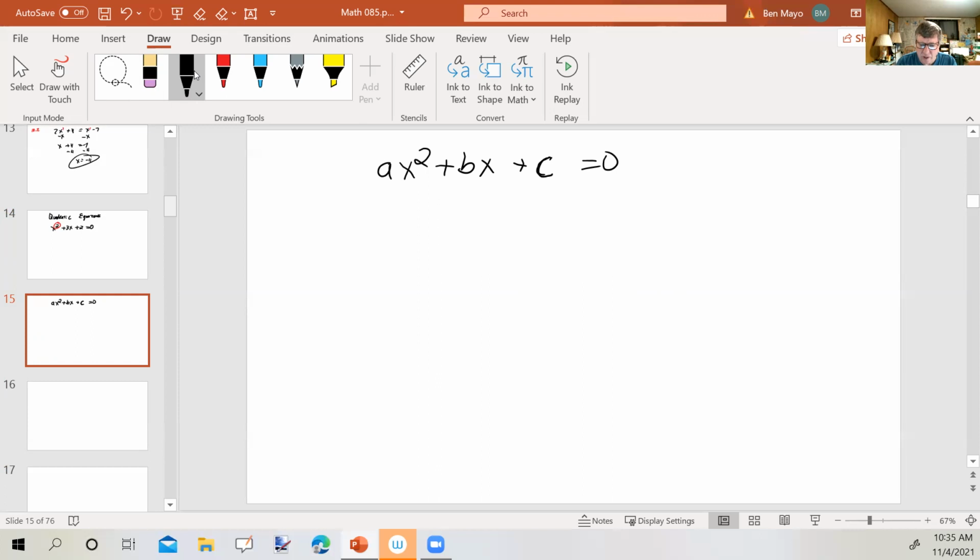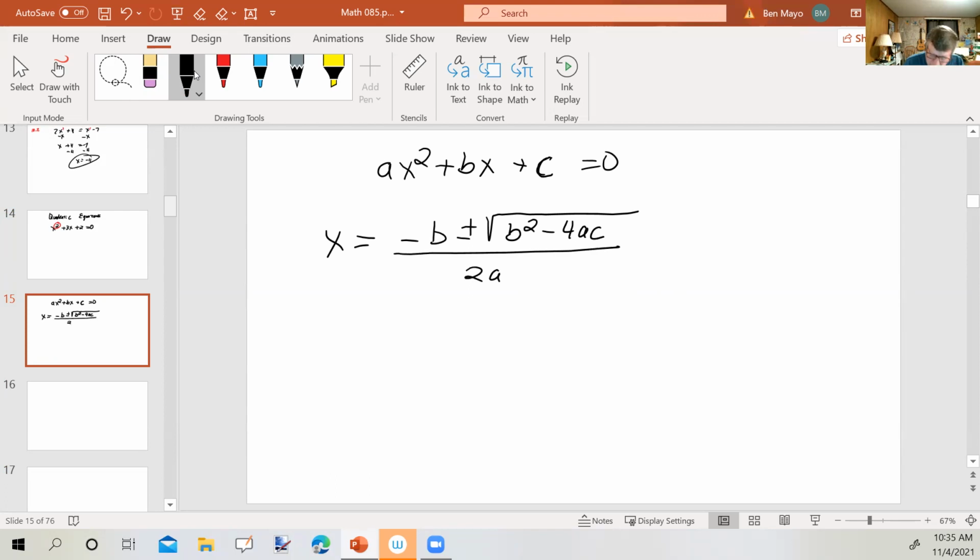If you have an equation in that form, and you go through a process called completing the square, which we also don't cover in this class, but in the end, the result is this. X equals negative b plus or minus the square root of b squared minus 4ac all over 2a.